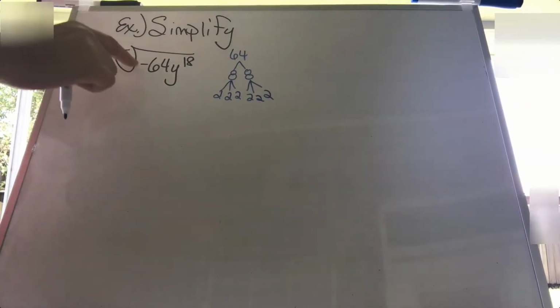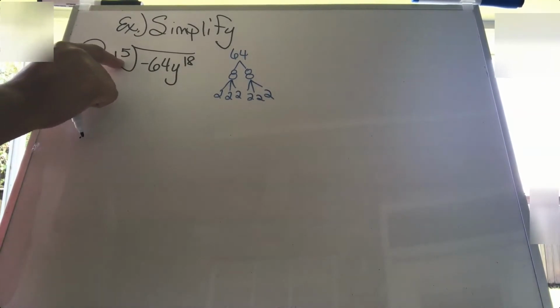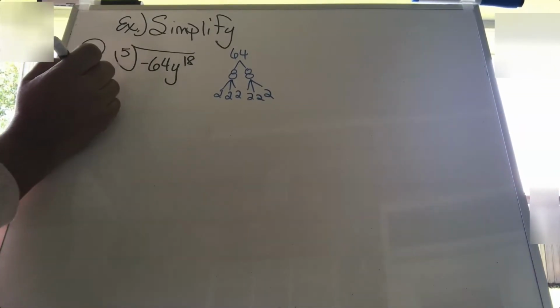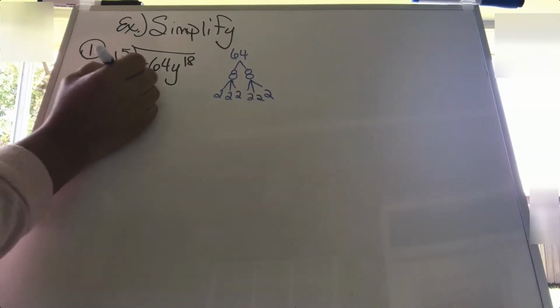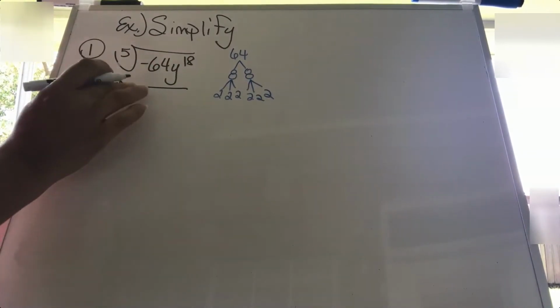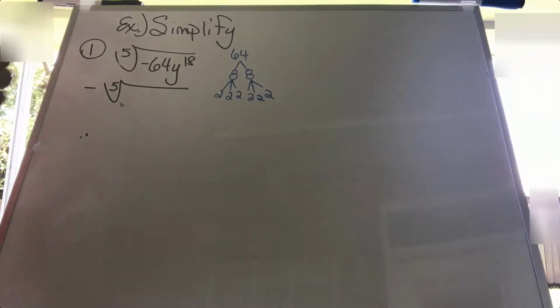The other thing we know is there's a negative inside of this radical, and it's an odd index. So I'll be able to write a negative out in front. And then I don't have to deal with the negative once I pull and write the negative in front of the radical.